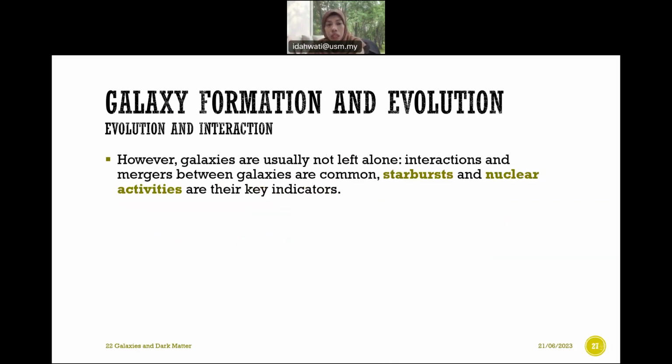However, galaxies are usually not left alone, and interactions and mergers between galaxies are common. So we'll have starburst and nuclear activity as their key indicators.